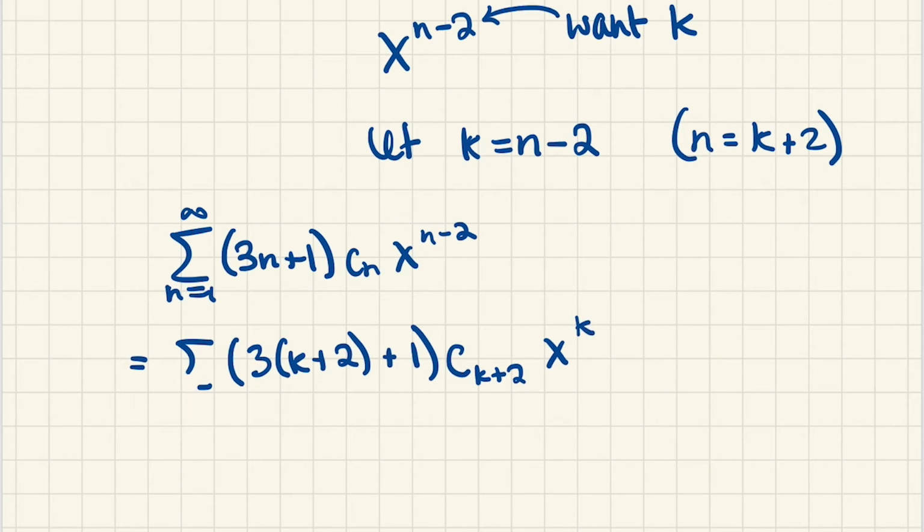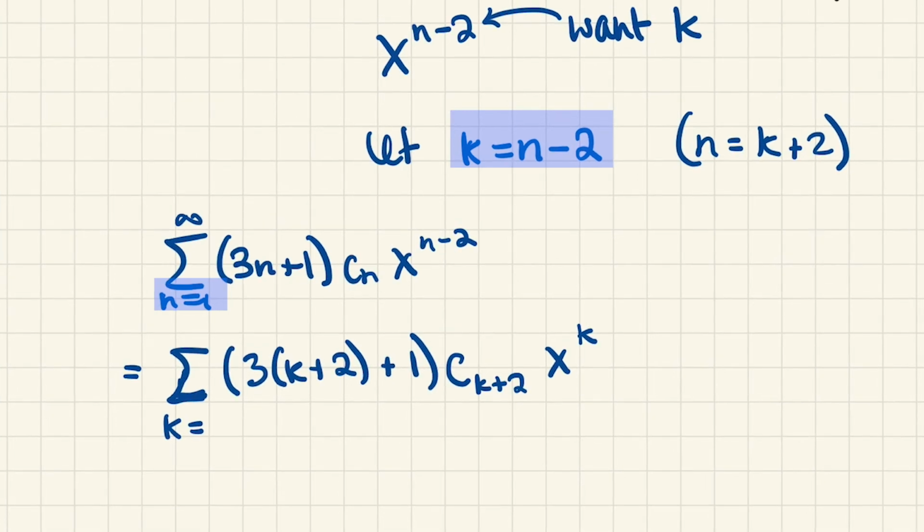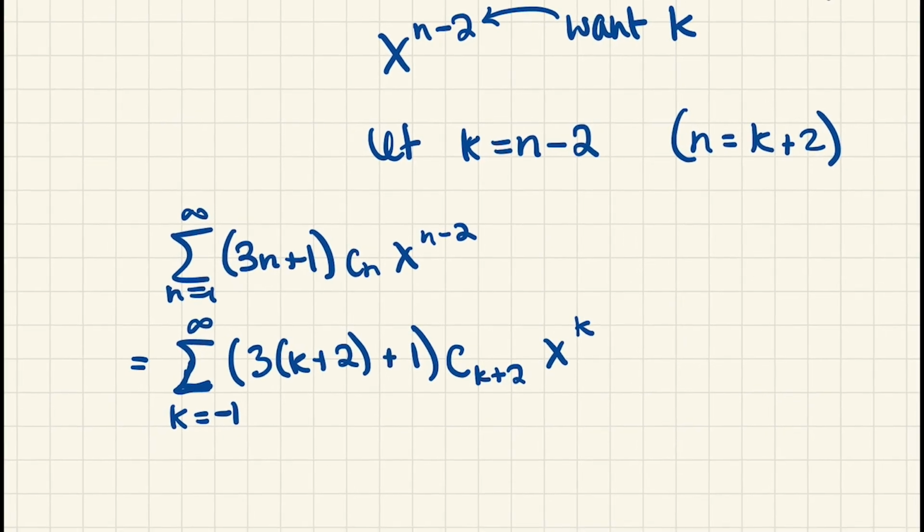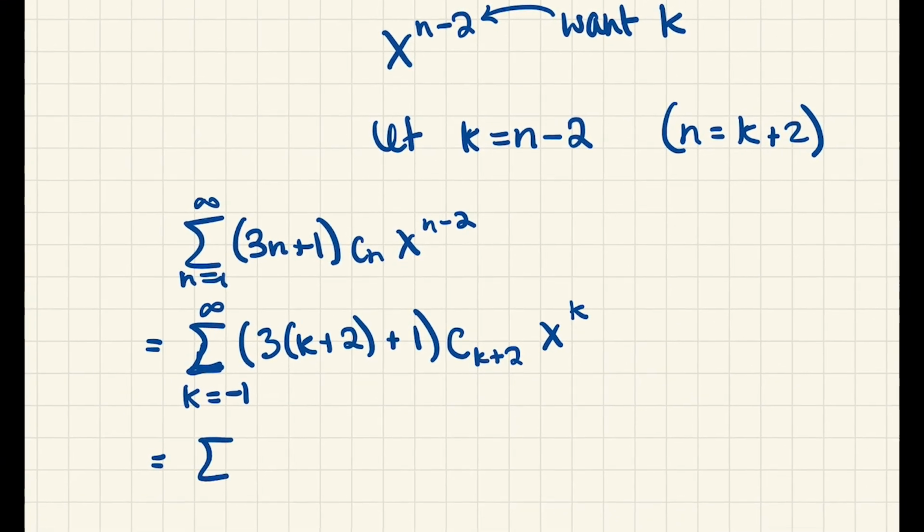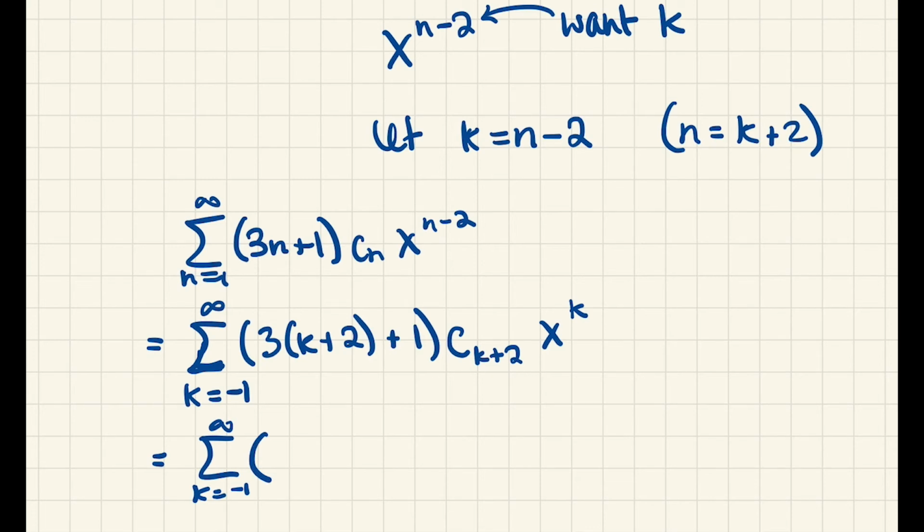Where does the series start? Well, when n is equal to 1, k is equal to -1. All right, so this is our new series. We can clean it up a little bit. Maybe write this as 3k plus 7.